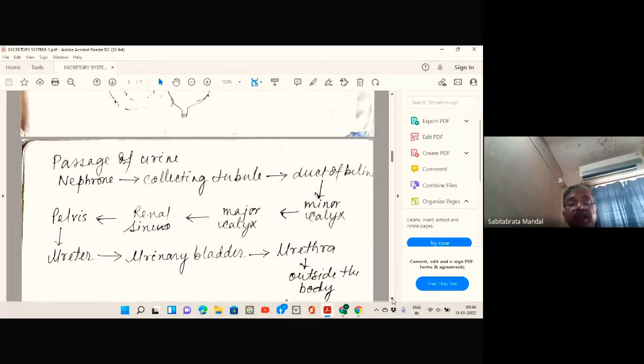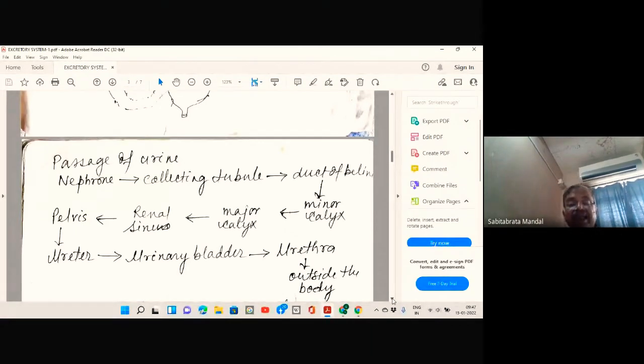Now, how does the urine go from the kidney? Because urine is formed in the kidney. Where is it formed? In the nephron. Now, when the urine is formed in the nephron, it will go to the collecting tubule. From the collecting tubule, it will go to the duct of Bellini. From the duct of Bellini, it will go to the minor calyx.